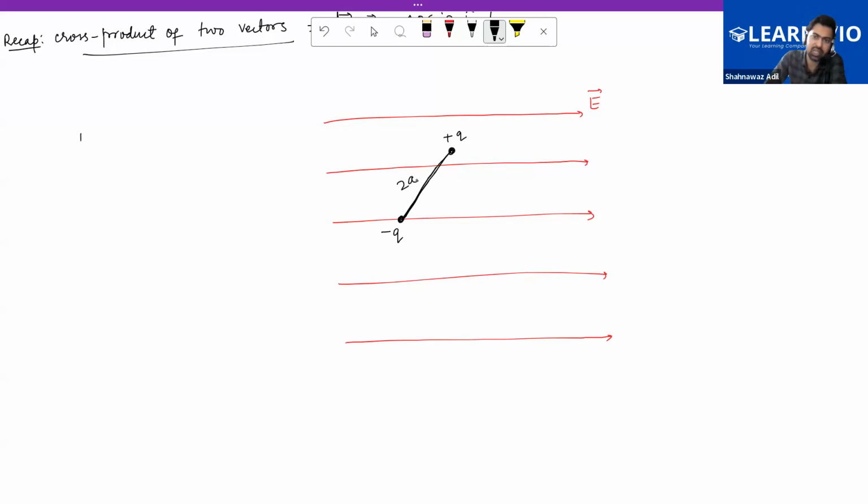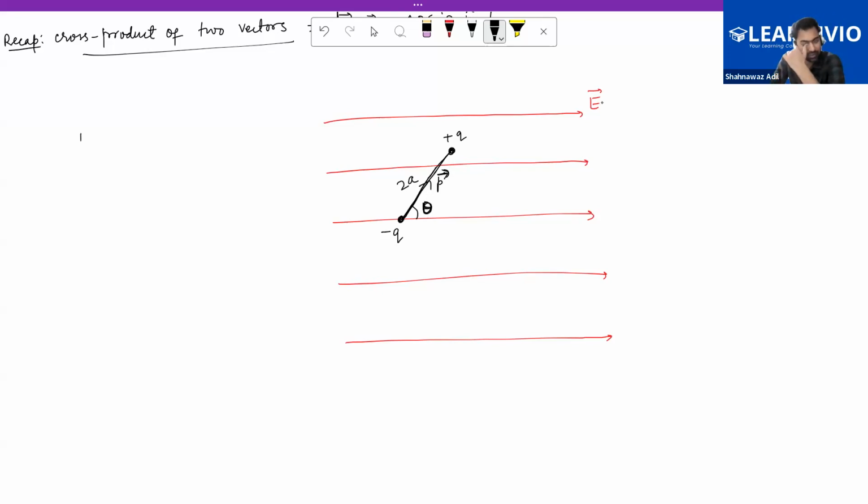Now, what is the direction of the dipole moment? From minus Q to plus Q. That is the direction of the dipole moment, and this is making an angle theta with the electric field.